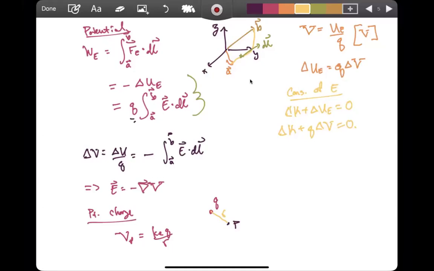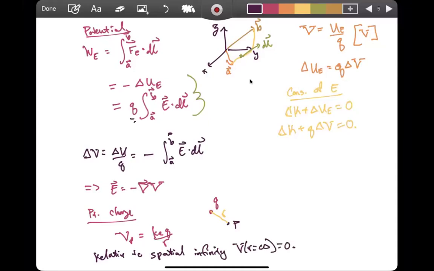If I have a positive charge, it's a positive potential. If I have a negative charge, it's a negative potential. But again, just be careful with this: this is relative to spatial infinity, where the potential at R equal to infinity is equal to 0.